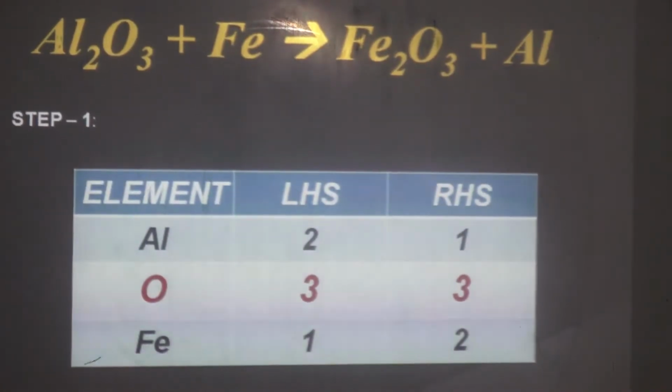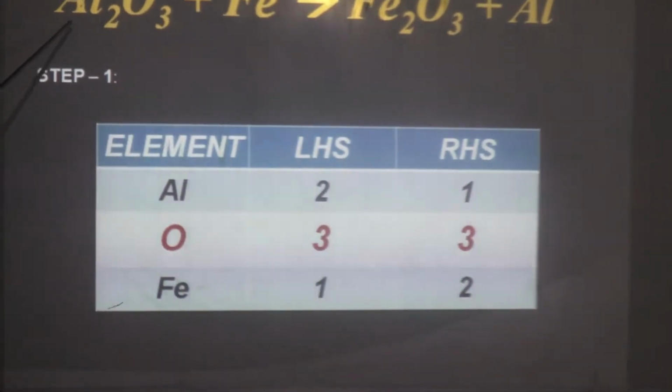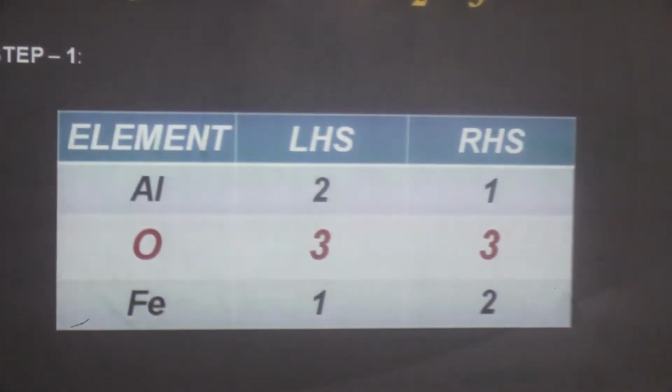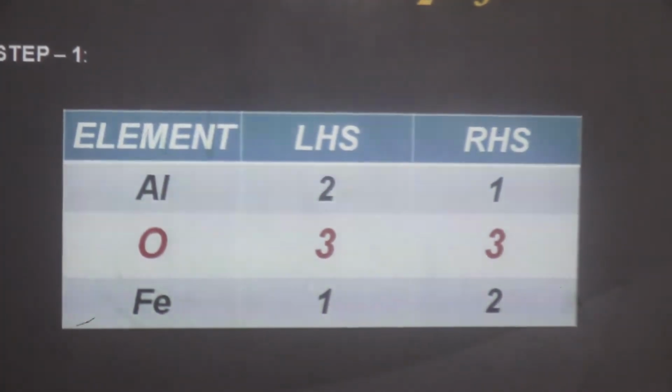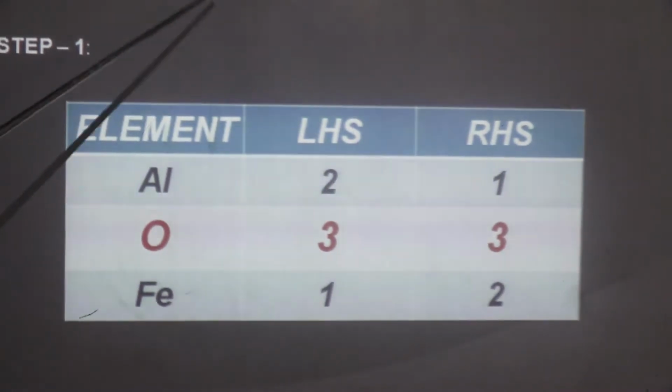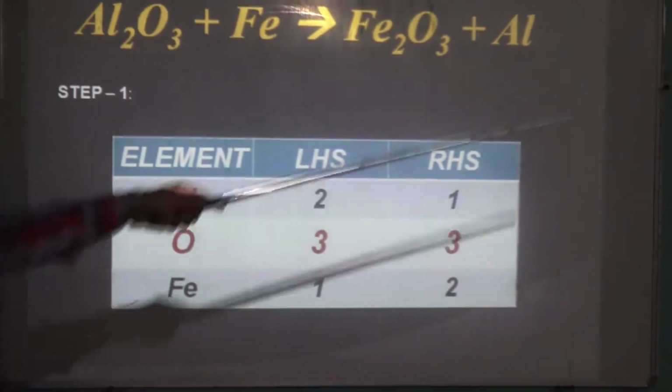Now let us see how to balance. First, step 1. What to do? First you take the elements present in the equation. What are the elements here? Aluminium, oxygen and ferrous. These are the elements present in this reaction. And LHS means reactants. This is the arrow mark. This is the left hand side and the right hand side.